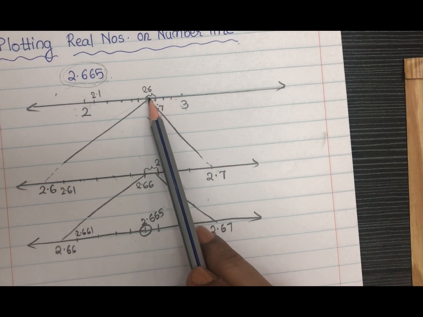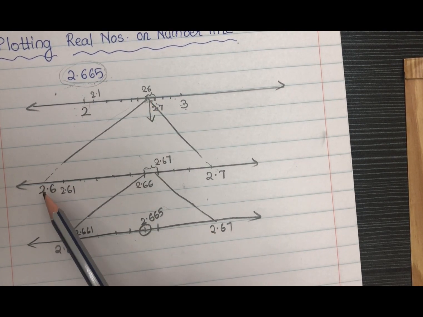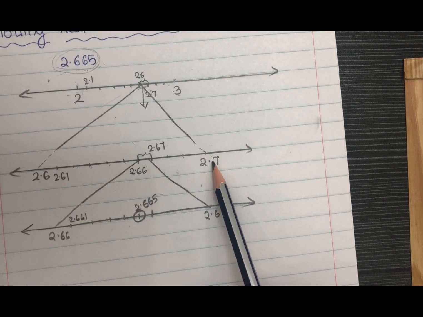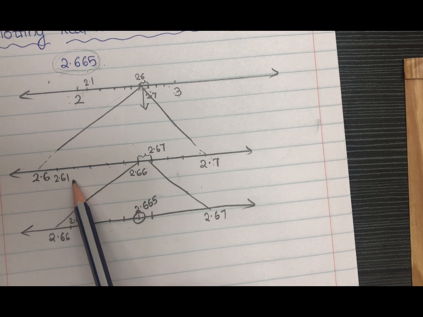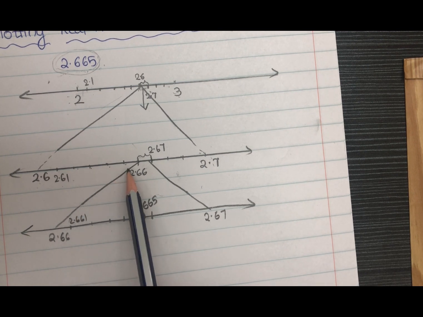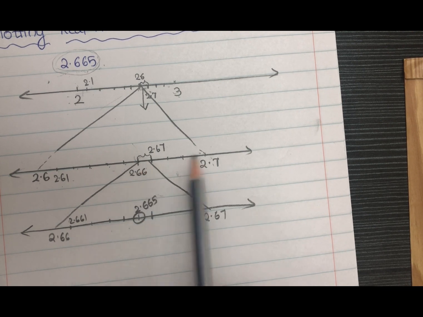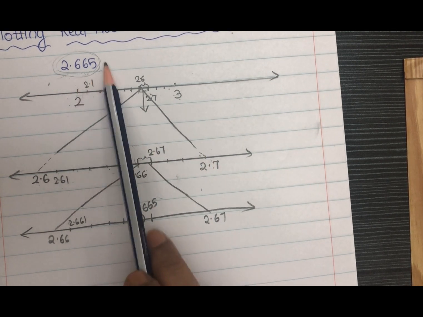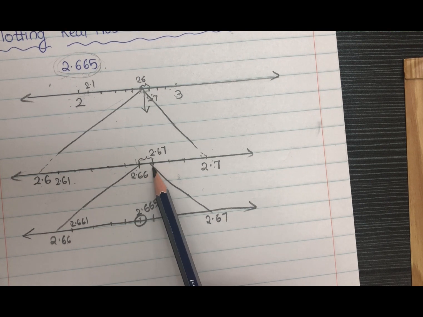What comes under this now? Between the interval 2.6 and 2.7, what all numbers will come? 2.61, 2.62, 2.63, 2.64, 2.65 and 2.66, right? And again we look into the number, we know that it lies between 2.66 and 2.67.